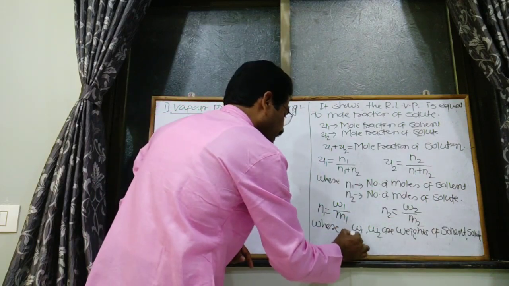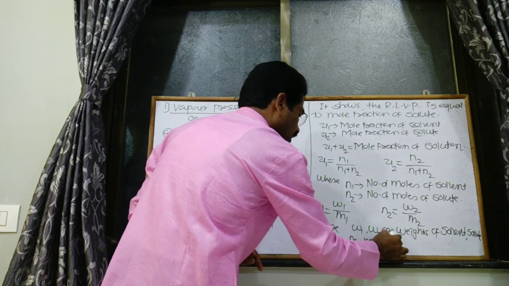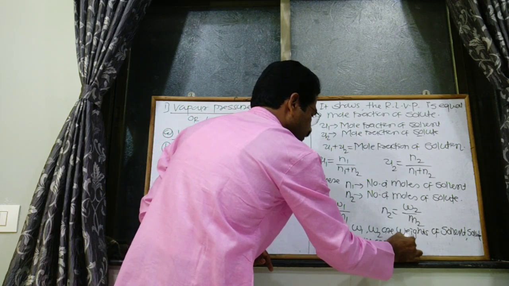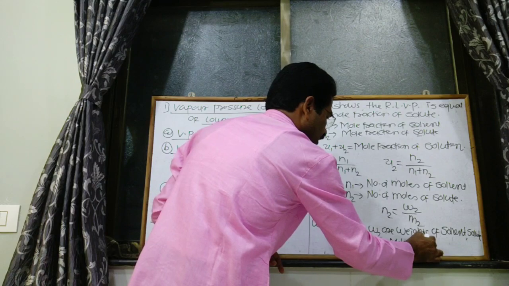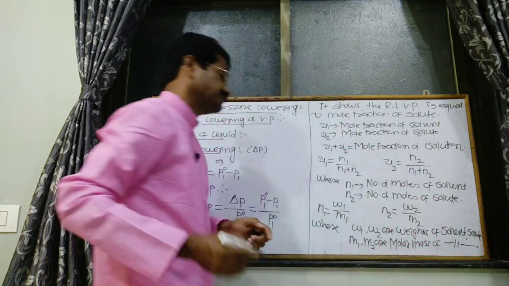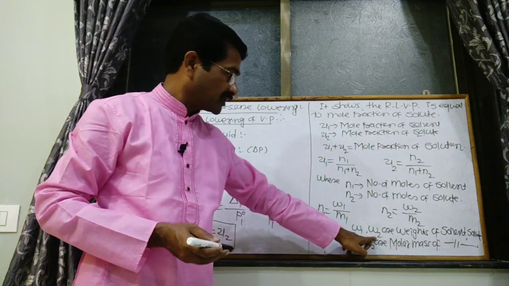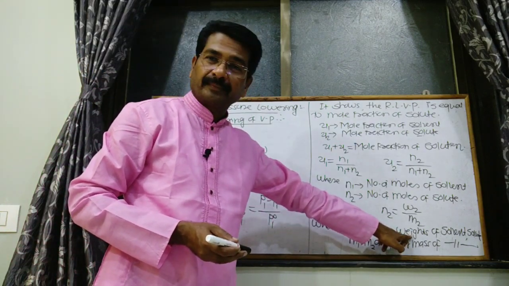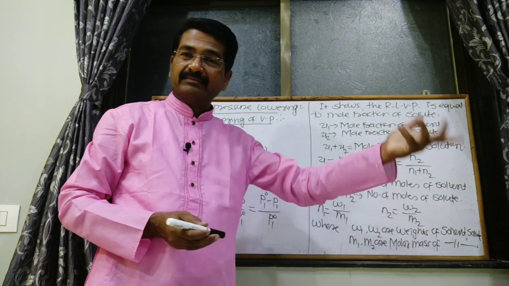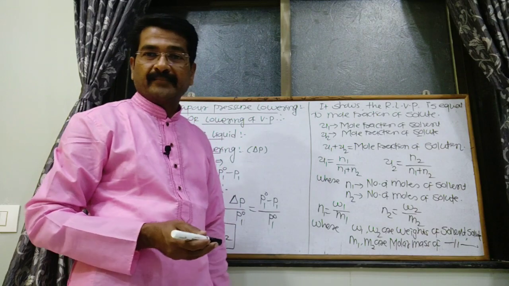Then M1 and M2 are the molar masses of solvent and solute. W1 and W2, the weights, may be taken in grams or kilograms of solvent and solute.